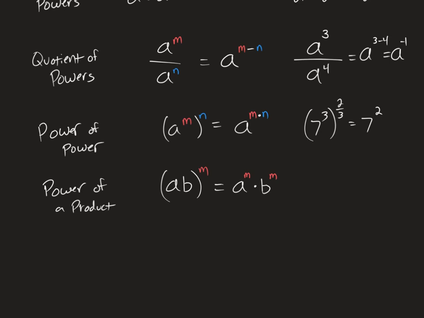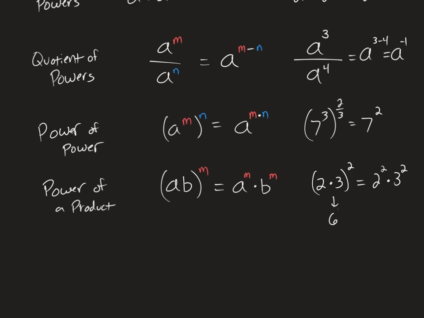That m goes to both the a and the b. What that looks like is, you can verify this, I'm choosing numbers that you can verify. 2 times 3 to the power of 2. We know that 6 squared is going to be 36, right? So that is the same as saying 2 squared times 3 squared. You could verify this.